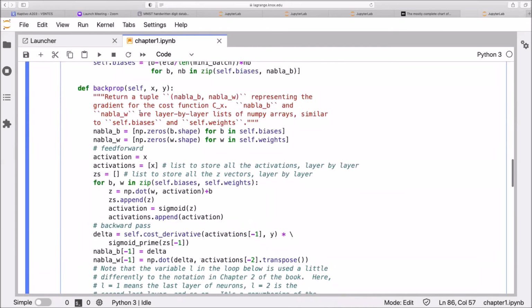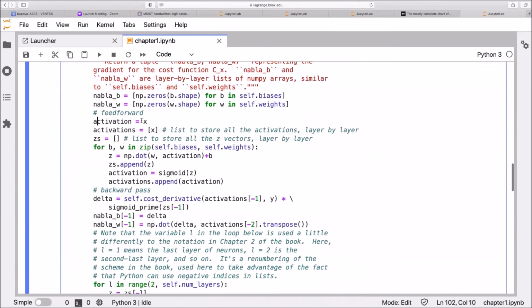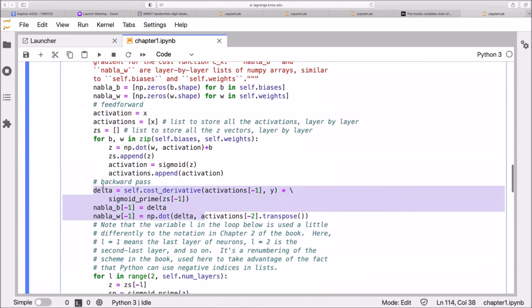In the backpropagation function, we first feed forward, and then we feed backward. In these lines, we find the error in the last layer, fundamental equation 1. Once we know the error in the last layer, we calculate the gradient of the biases and the gradient of the weights according to fundamental equations 3 and 4.